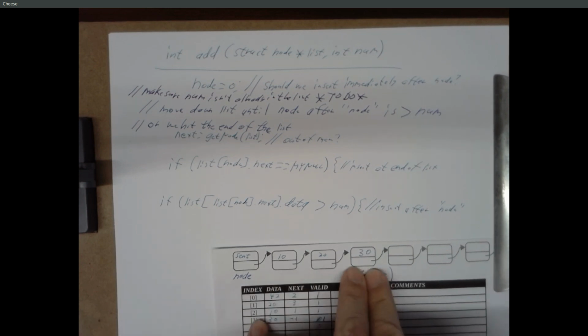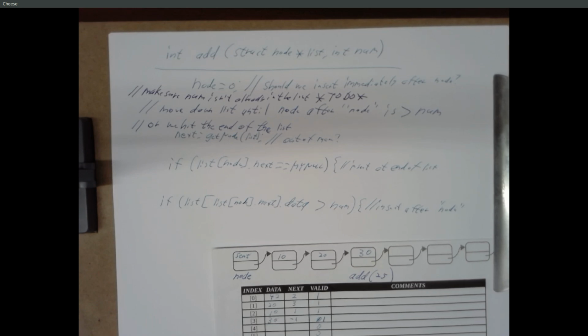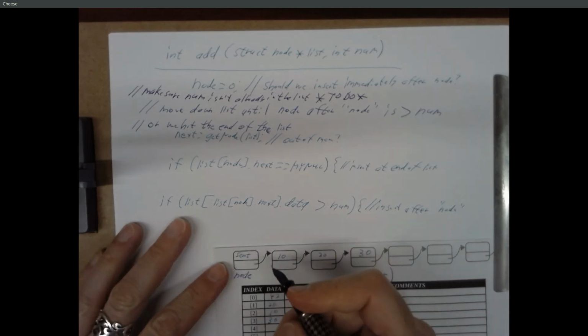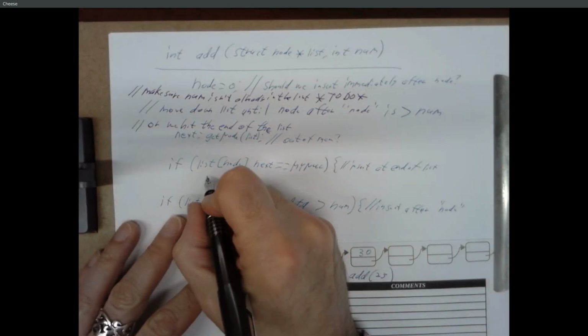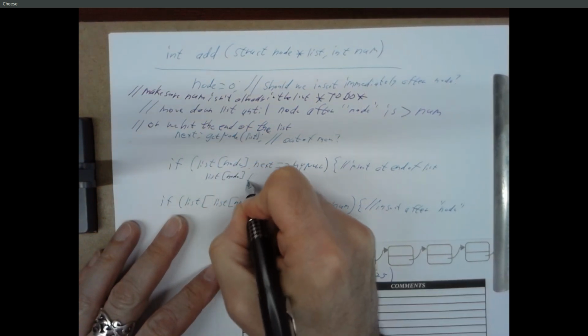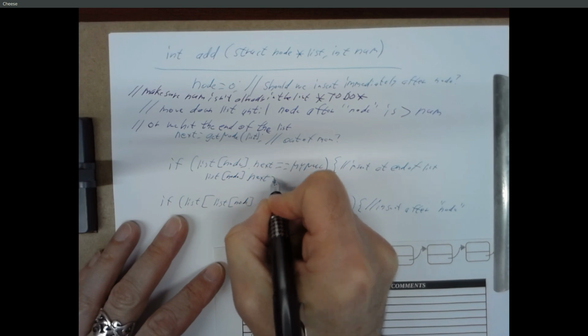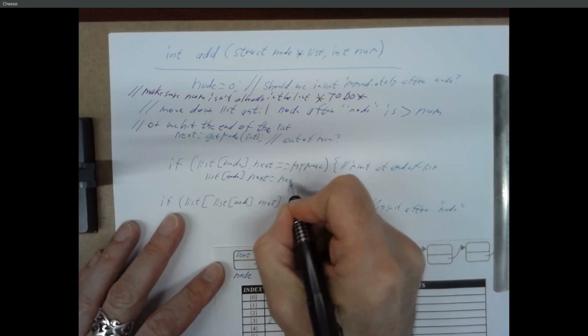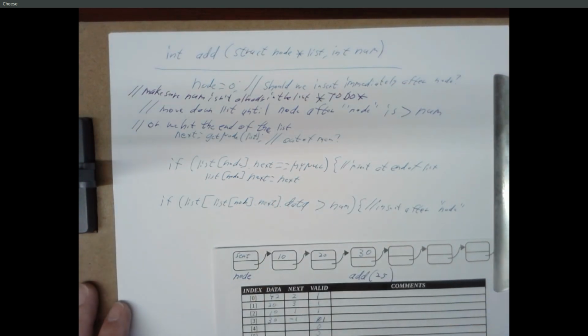And node is pointing at the last node in the list, so how do we tack that new node onto the end of the list? Well, the last node's next you want to change from my_null to be the index of the node you're adding. Okay, so if we're at the end of the list, list bracket node dot next should be equal to, I shouldn't have called it next, I'm reusing my words.